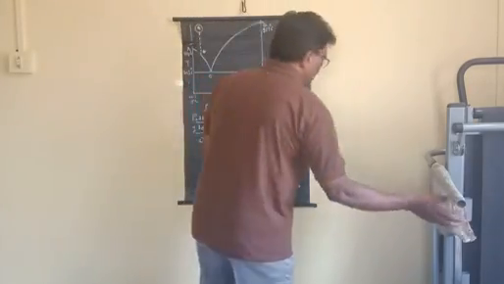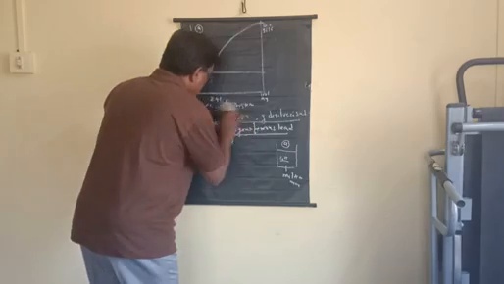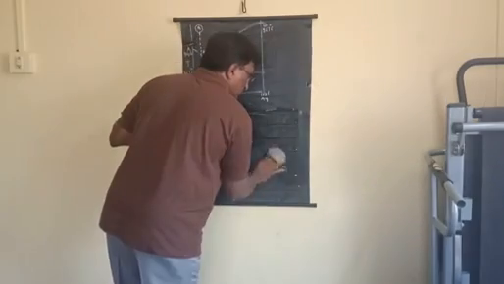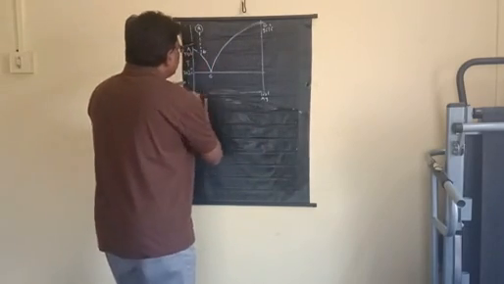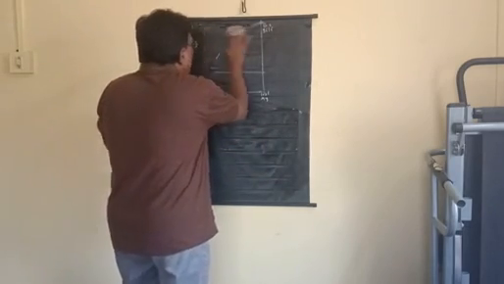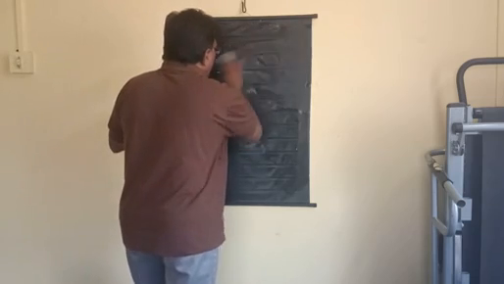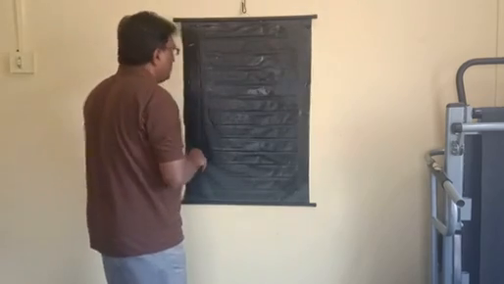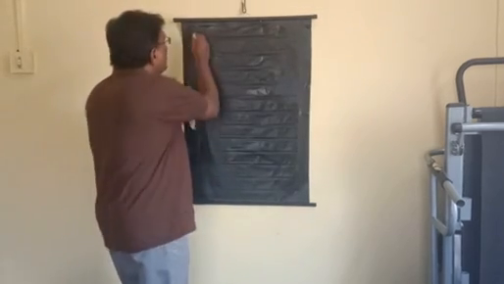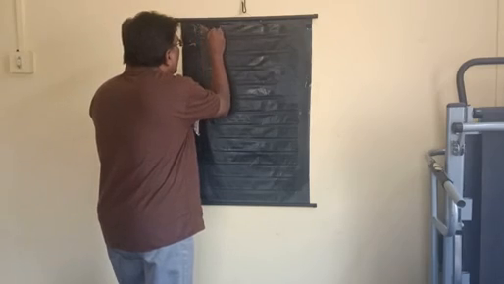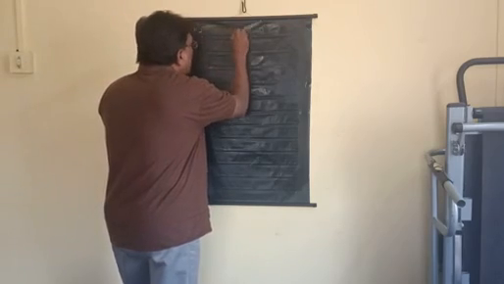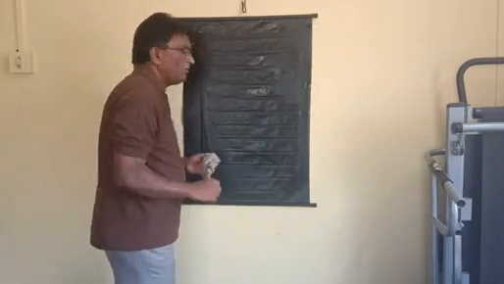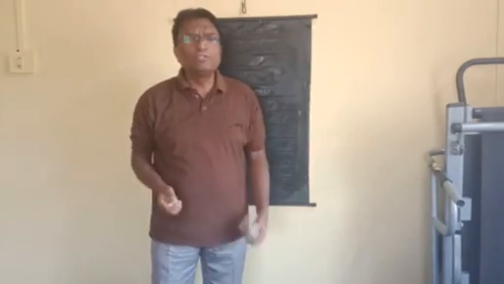Now let us consider another example of a simple eutectic system, that is the KI water system or freezing mixture. Again, this is a two component system.